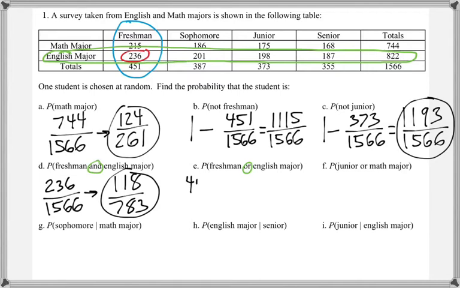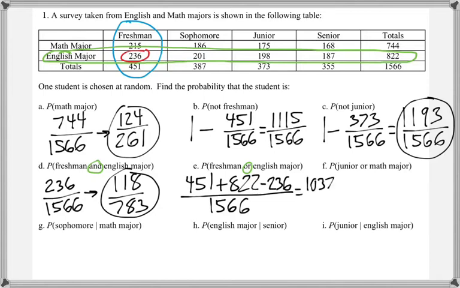So we want to take 451 plus 822 and then subtract 236. So we are subtracting the overlap so that we don't count it twice. And this will be 1,037 over 1,566.